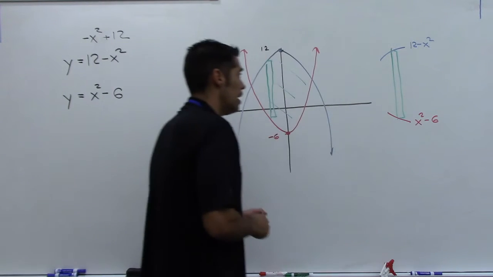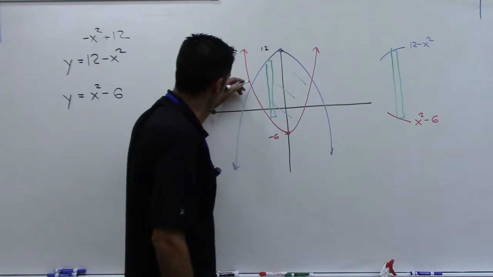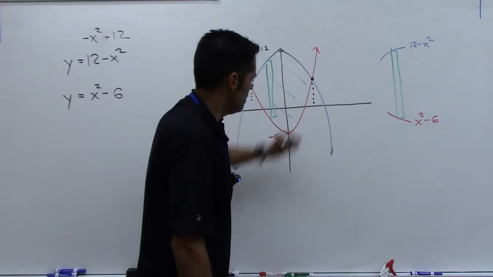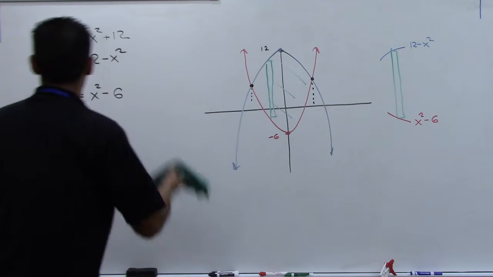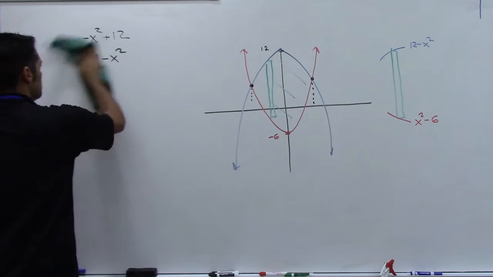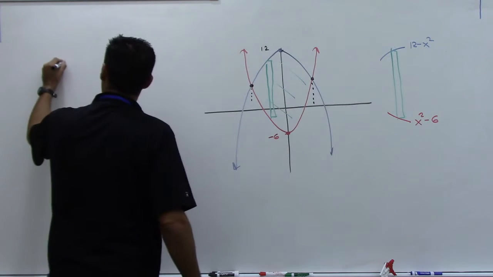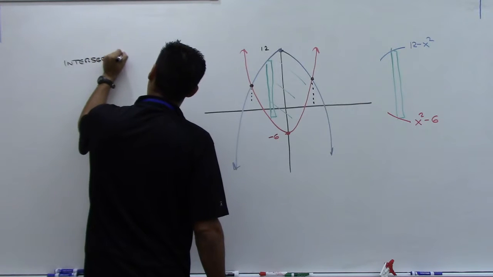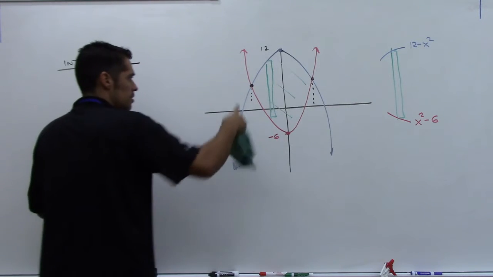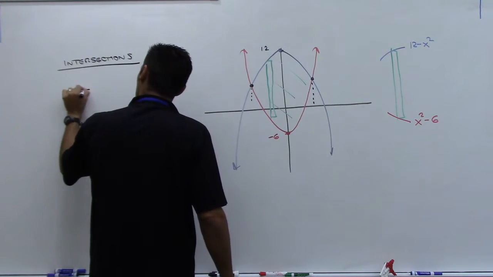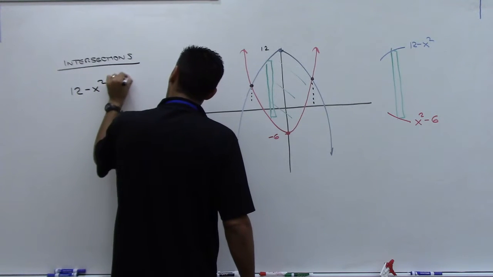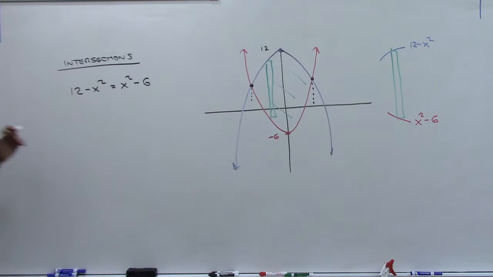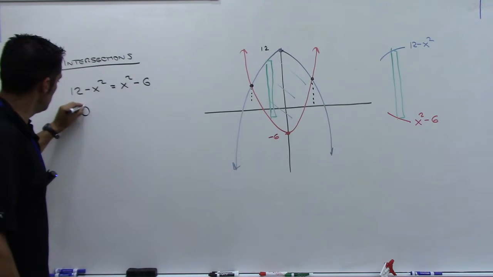Also need to figure out the starting and stopping point. So I do need to figure this out, what x values these hit each other at. So I guess I'll do that now. I need to figure out the intersection. So I'm going to set the two curves equal to each other. 12 minus x squared equal to x squared minus 6. And I'll move everything over to one side. How about I move everything to the right? I've got 0.